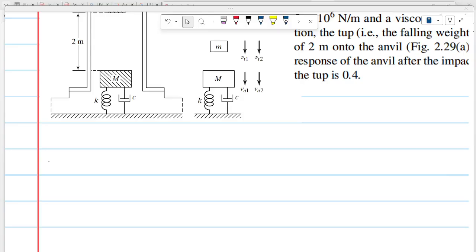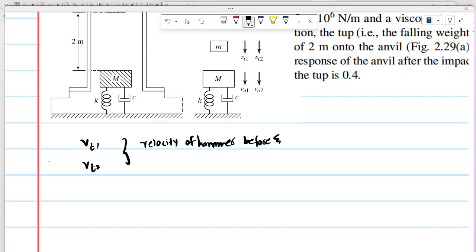So let's say we have vt1 and vt2 be the velocity of the hammer before and after impact.